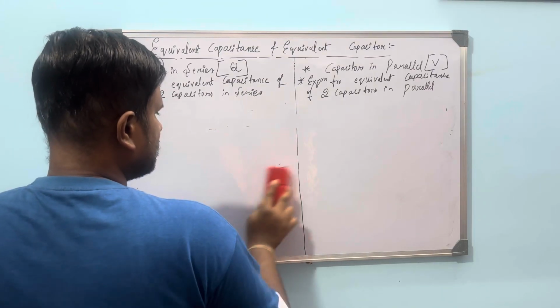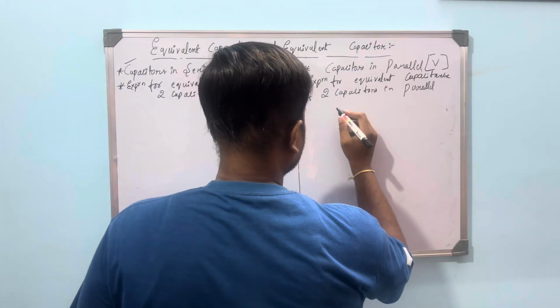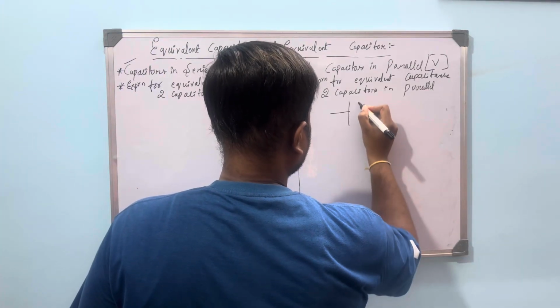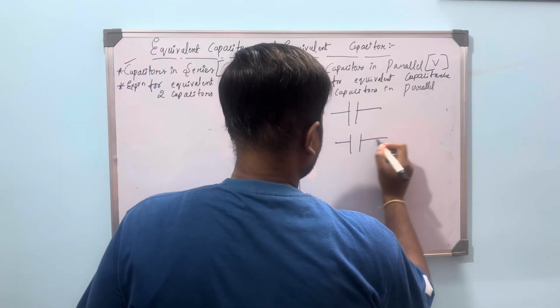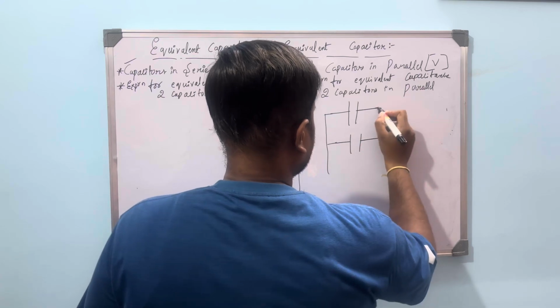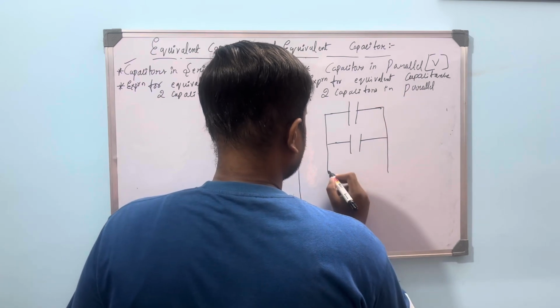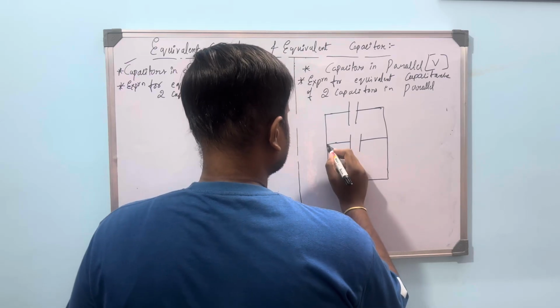Now for the parallel, we'll take two capacitors in parallel. Previously I told you two capacitors are said to be in parallel if they are connected across a common point.